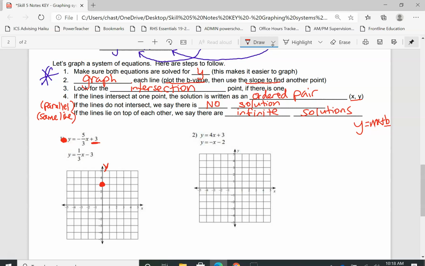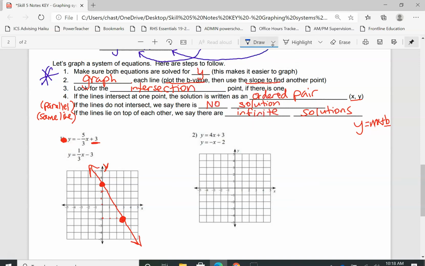So from this y-intercept point, I'm going to go down 5. So negative 5, 1, 2, 3, 4, 5. And then I'm going to go over 3. 1, 2, 3. Okay. And when we draw our line, it will look like this.